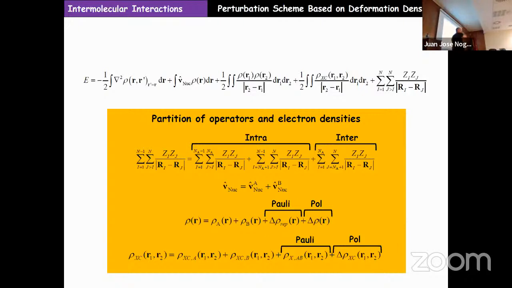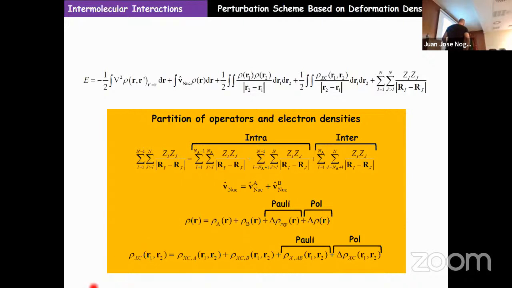This is the one I showed you in this image before when we talked about short and long range Pauli deformation density and polarization deformation density. This is the deformation density due to the polarization, to the orbital relaxation, okay? The induction, dispersion, and higher order terms in a perturbational scheme.